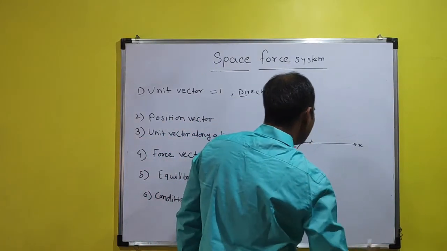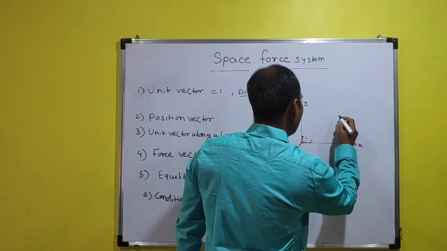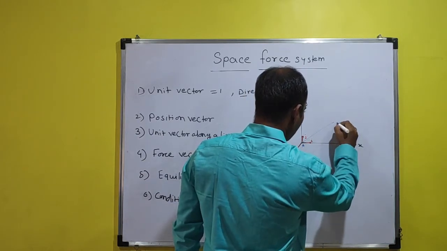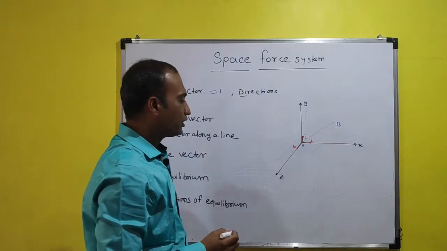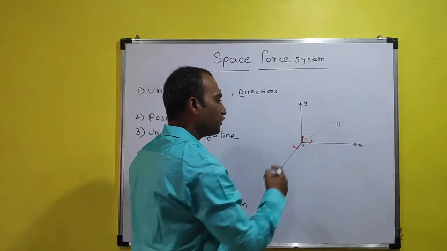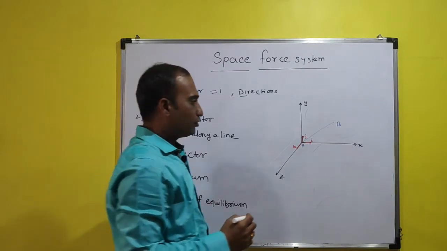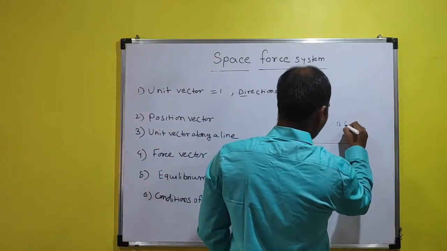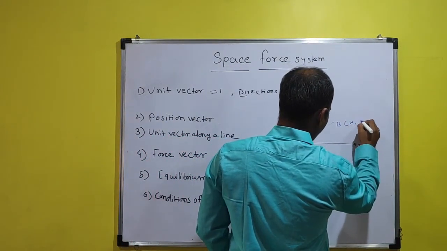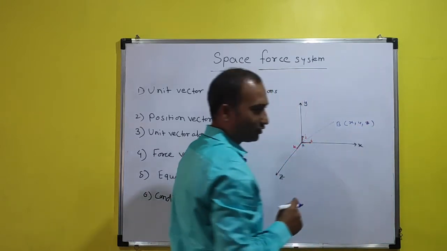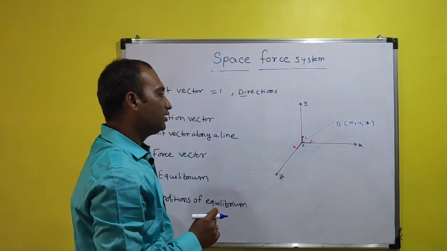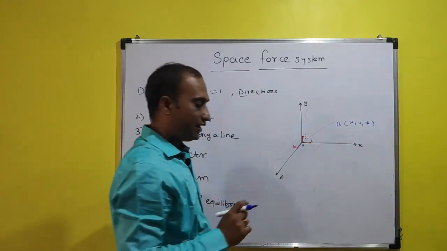So these are the unit vectors along each direction. Now let's say there is a line AB, and we want to calculate the position vector for this AB. Let the coordinates of B be x, y and z. Then how are we going to calculate the position vector of this line AB?